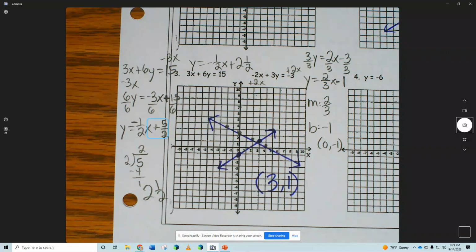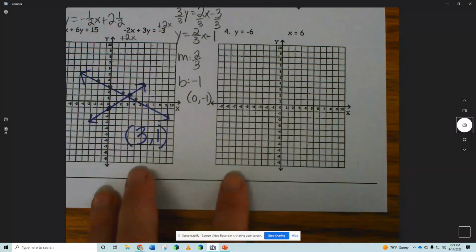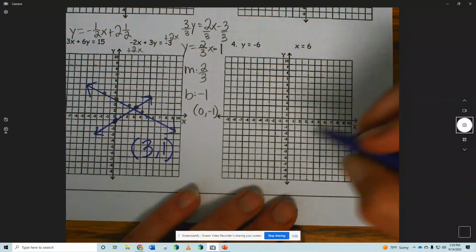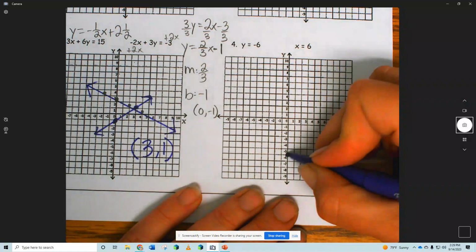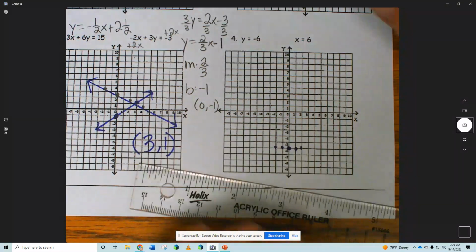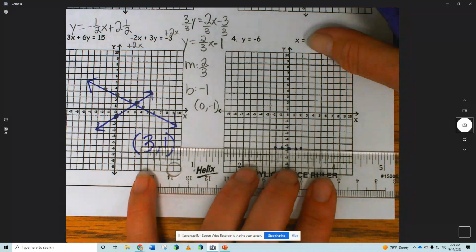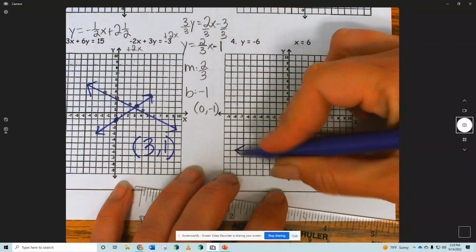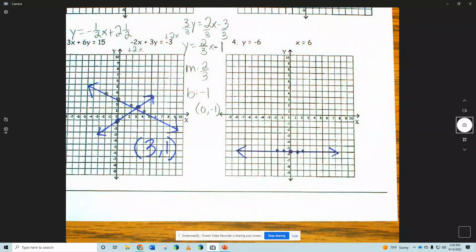One more. Do you guys think that you could do that one without my help? Because one of them's horizontal and one of them's vertical. Y equals negative 6. That's down here. X equals positive 6.